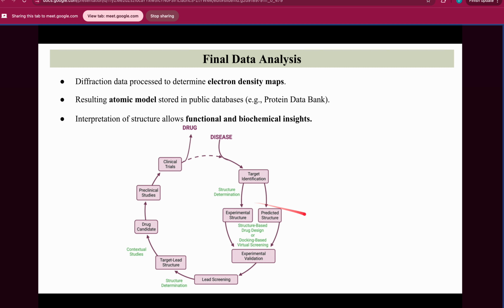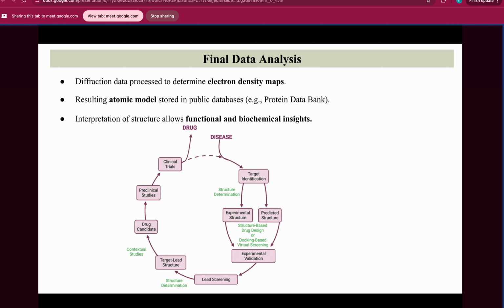So in this case, I have gone through a review in which they have shown how the structural determination of a protein is very significant in contributing towards disease and drug analysis. So we can understand the disease as well as generate drugs for it. If we know a disease, we can also identify the targets. For example, from a diseased person, we can collect samples, and from those samples, we can also get the proteins.